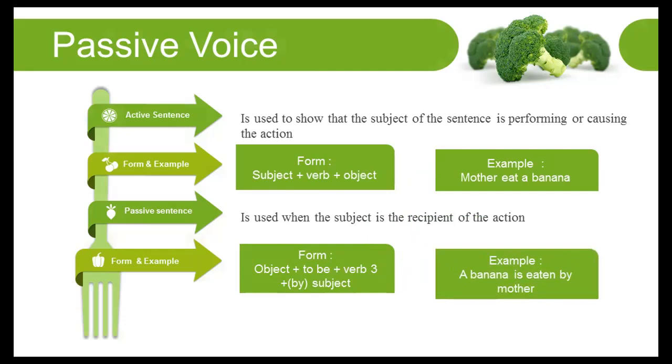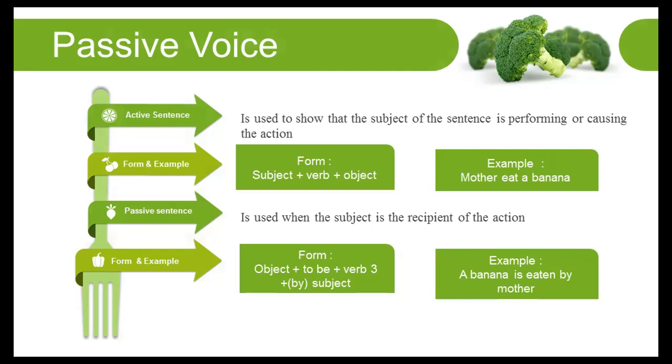We put the object in the first place of this sentence, and after that to be. Because the tense is simple present, we put is in this sentence.